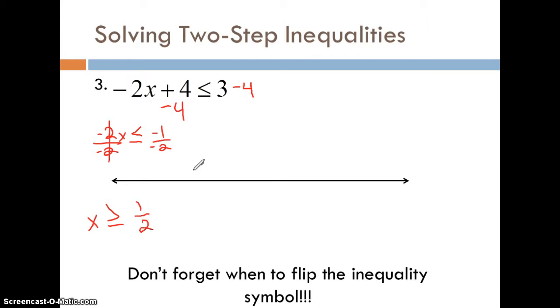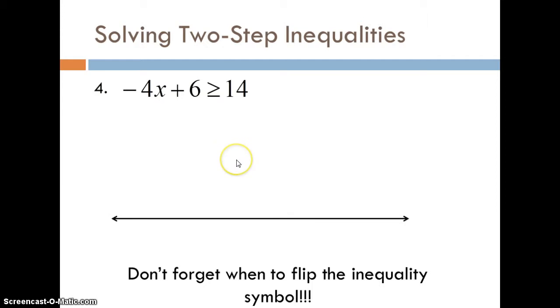So on this one, you have your 1/2. If 0 is right here, 1/2 is not too far from it. Since it can be equal to 1/2, you want to close that circle, and then the arrow will again go that way. So keeping that in mind, I want you to try this one.